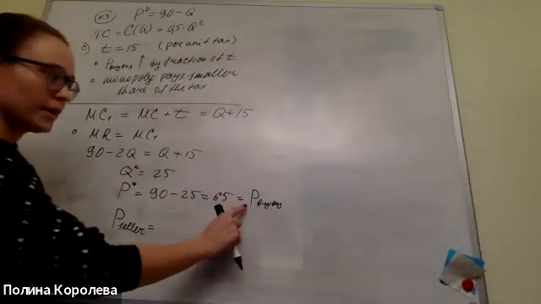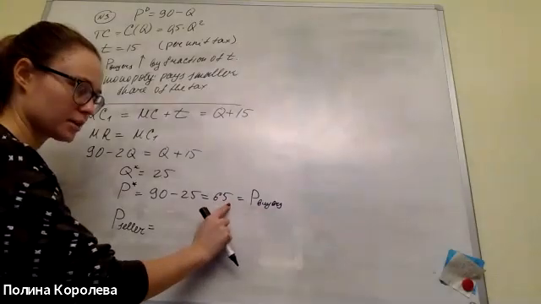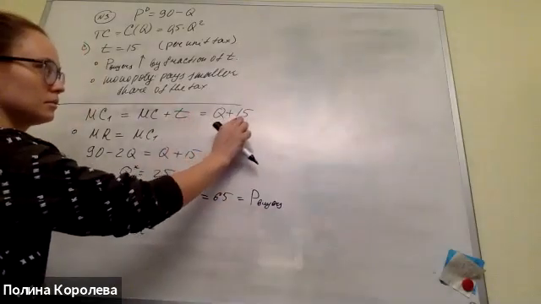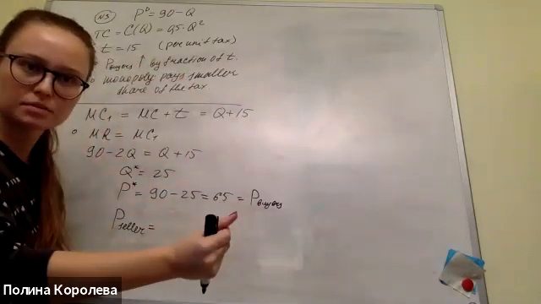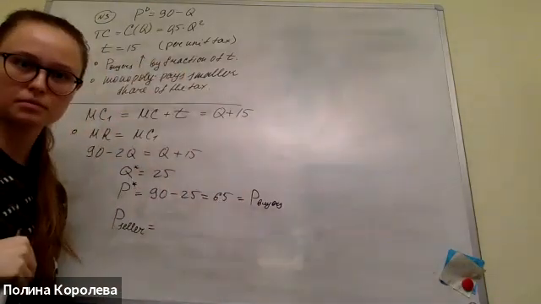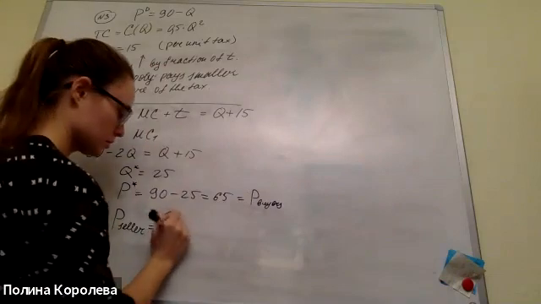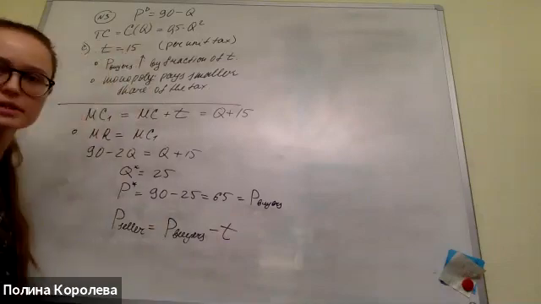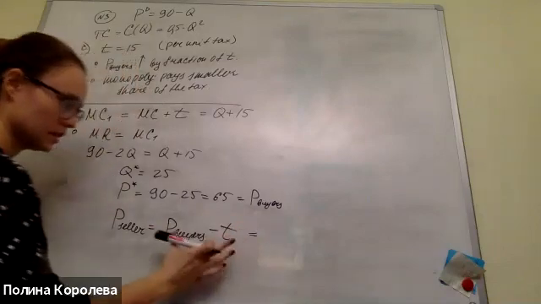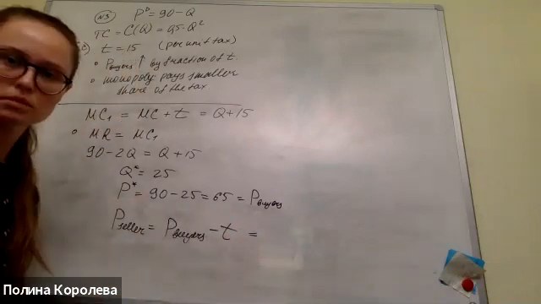50. 50, yes. So buyers pay 65 in the supermarket, 15 the monopolist pays to the government, and the rest is for him. So it is the price for buyers minus the per unit tax. And this difference goes to the monopolist.